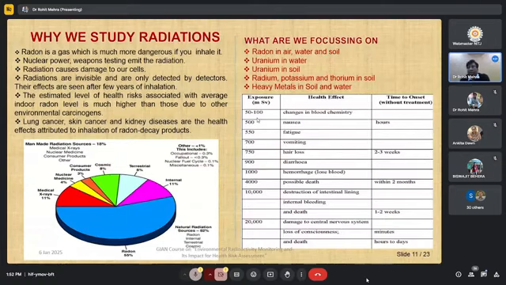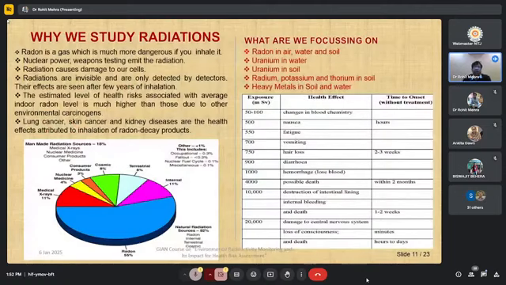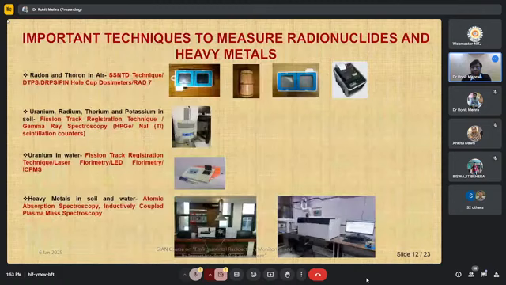And if the exposure is around 1000 sievert, the impact could be the death of the person. But these are very big units. Naturally, you are not exposed to this much radiation. You are limited to a very small value of natural exposure, which we will discuss. Around 2.5 millisievert you are exposed, and out of this nearly 1.5 is the contribution from radon itself. That is the 55% contribution of the natural.